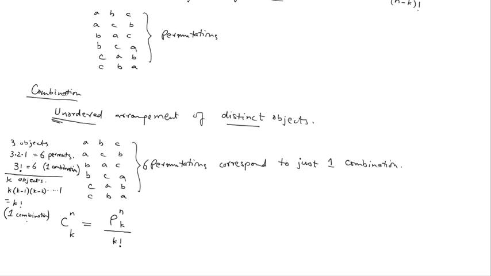Sir, repeat karo. When we say combination, all we consider is that something contained A, B, and C in any order. It doesn't matter.